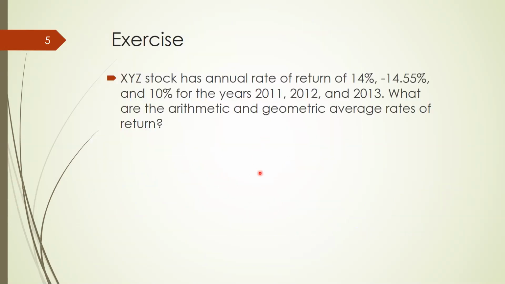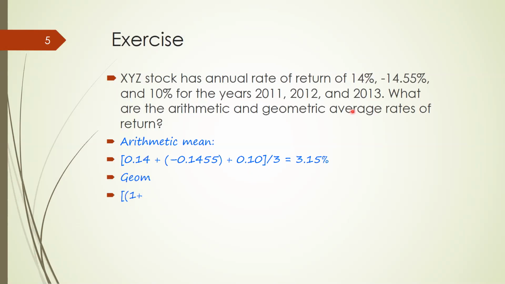So let's look at an exercise. If you are given 3 returns for a stock for 3 years, the arithmetic average return will be the average of the 3 numbers, which gives you 3.15%.